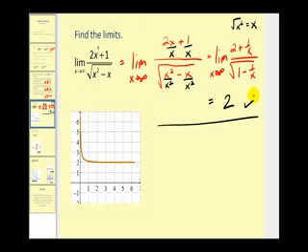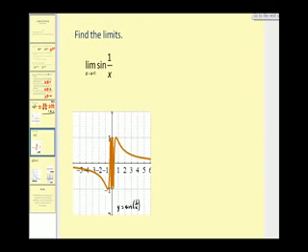Let's go ahead and take a look at another one. Here we have the limit as x approaches infinity of sine 1 over x. Well, by now we should know that 1 over x is going to approach 0 as x approaches infinity. We have 1 over an increasing denominator, so this would equal the sine of 0, which is equal to 0.